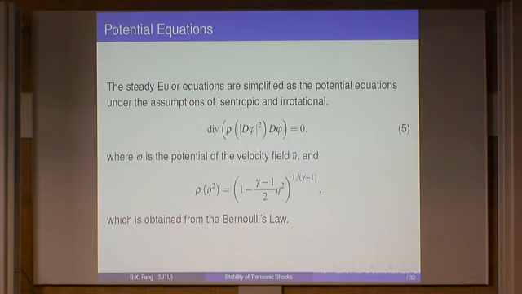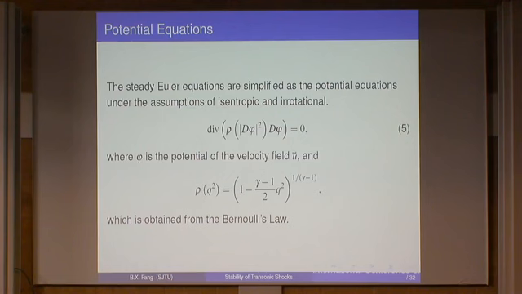So when the speed is less than the critical value, which means that it's a subsonic flow, then it is an elliptic equation. And if it's a supersonic flow, which means that the speed is larger than the sonic speed, then it's a hyperbolic equation. So it's a mixed type equation.